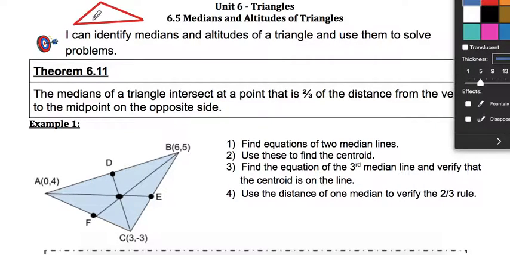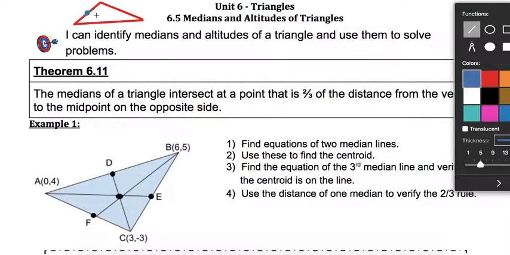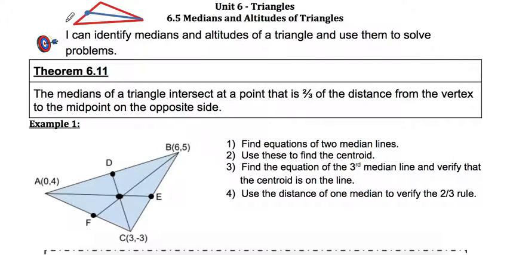So if I'm thinking about this line segment right here, I would find the midpoint, and then I would want to connect that midpoint to the opposite vertex. And that's a median. So midpoint to opposite vertex makes a median.